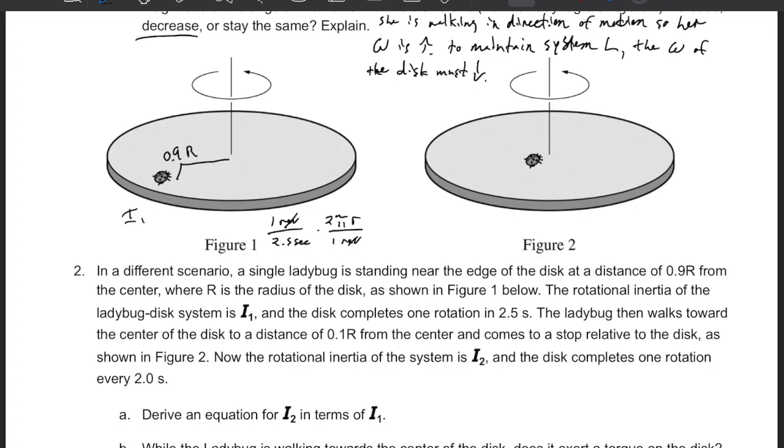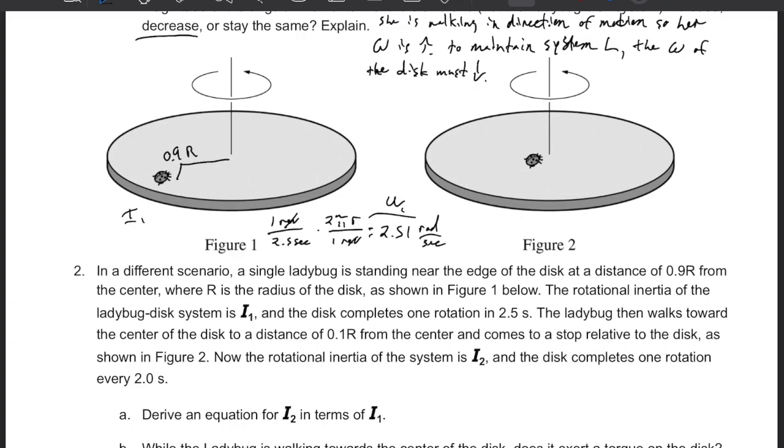We're just going to say 2 pi radians is the same as one revolution. Revolutions cancel out. Put this in the calculator: 2 times pi divided by 2.5 would be 2.51 radians per second. This is the omega for Ladybug 1.